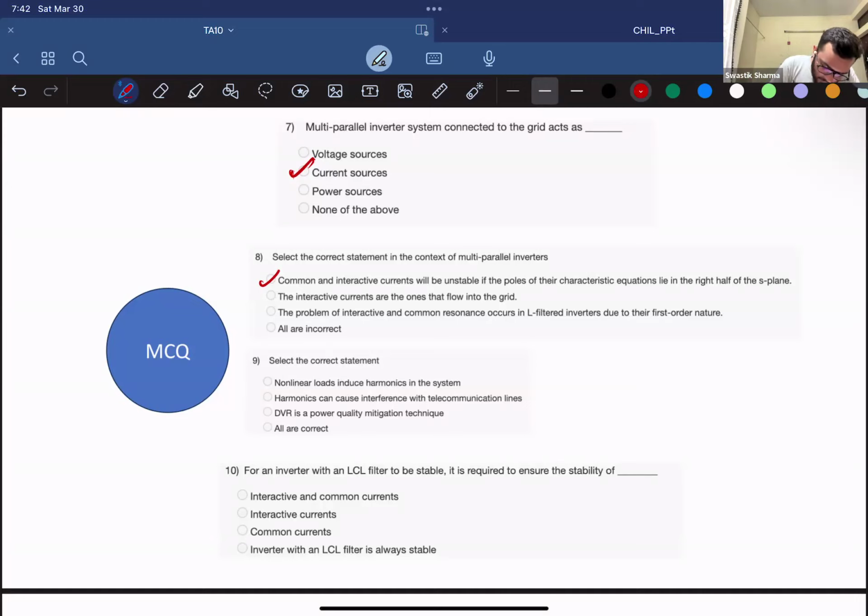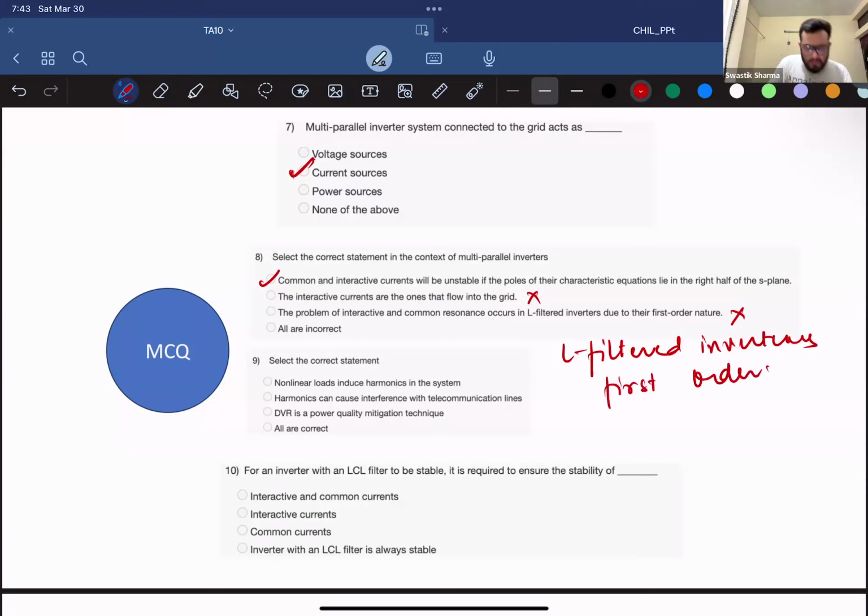Interactive currents don't flow into the grids, common currents do. And the problem of interactive and common resonance occurs in L-filtered inverters due to their first order nature. So this is untrue. When you have only L-filtered inverters, that's first order.